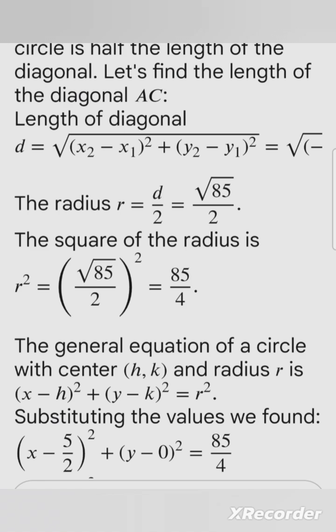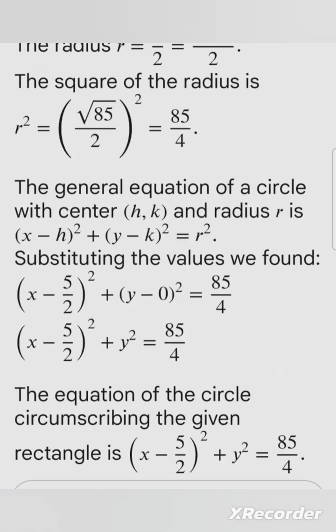So you put into the equation, it is coming to (x minus 5/2) whole square plus (y minus 0) whole square, that is 85/4. So the required equation is (x minus 5/2) whole square plus y square is equal to 85/4.